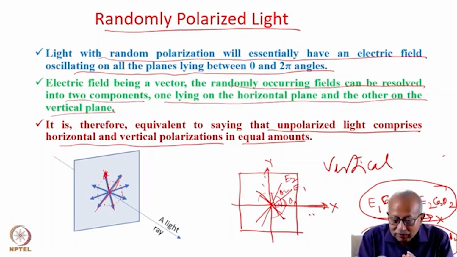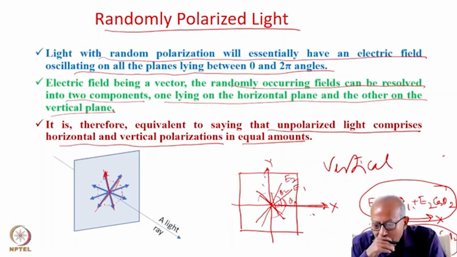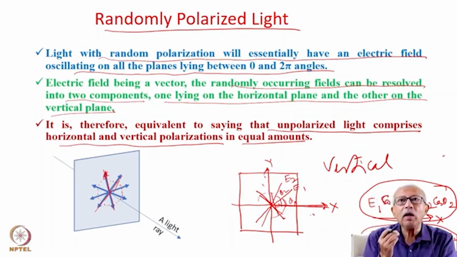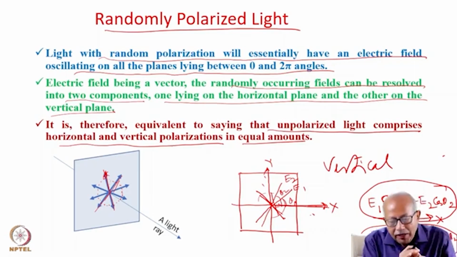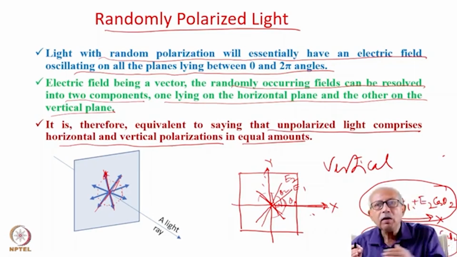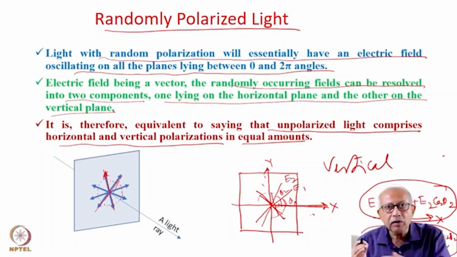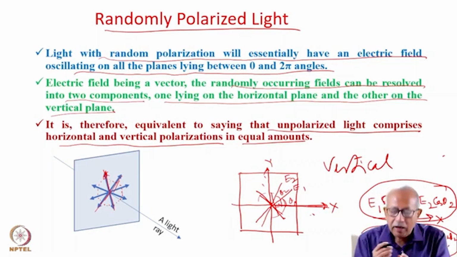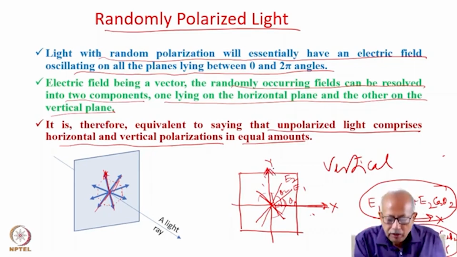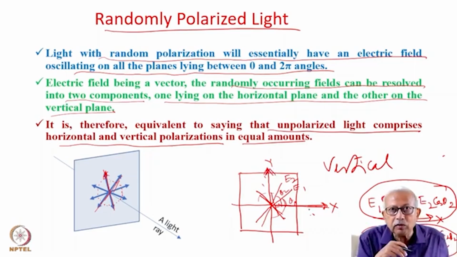Now, applying the same concept, we can say that a horizontally polarized light has the entire component along the horizontal direction and zero component along the vertical direction. And a vertically polarized light has the entire field component along the vertical direction, zero in horizontal.